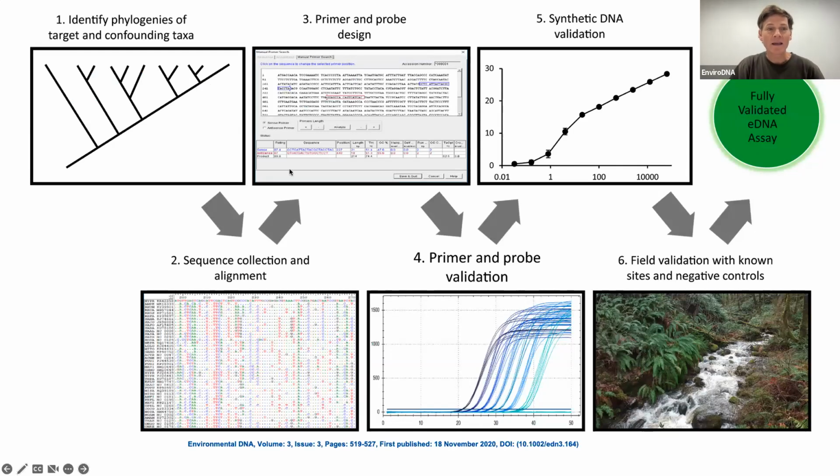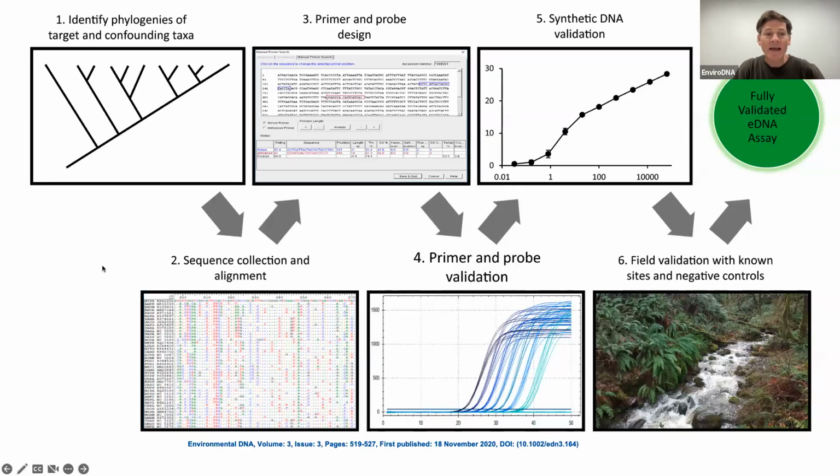So we identify these potentially confounding taxa. We collect data, either explicitly for the purpose of assay generation. That means we will source reference tissue from the species in the particular area in which we are working. We will strive to make that as comprehensive as possible, although it can be quite difficult.